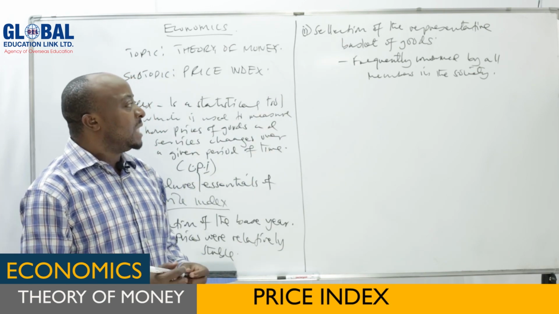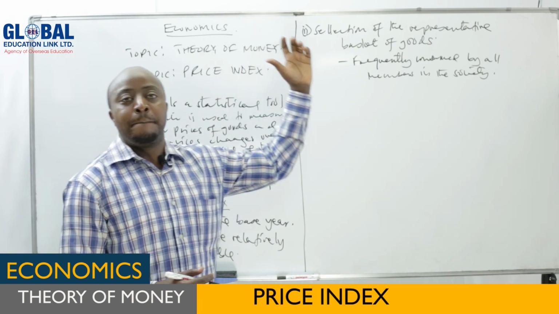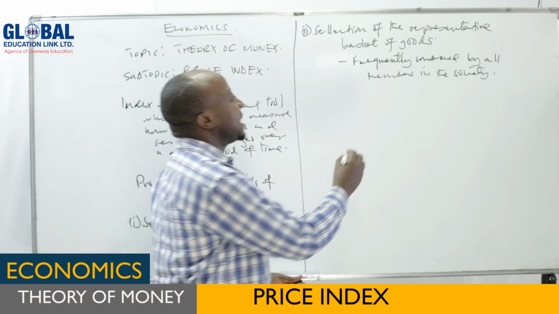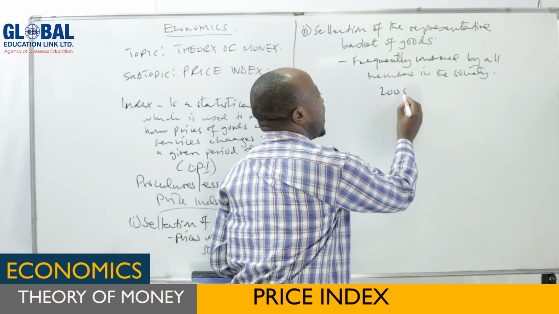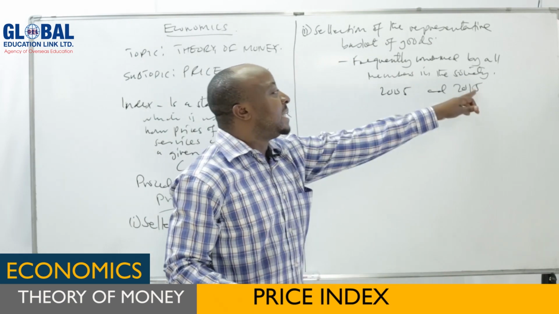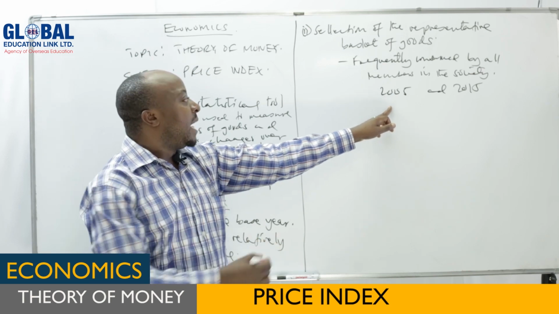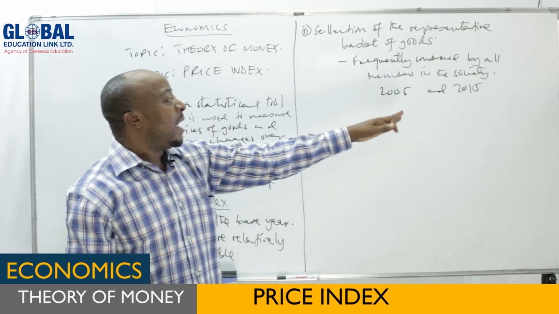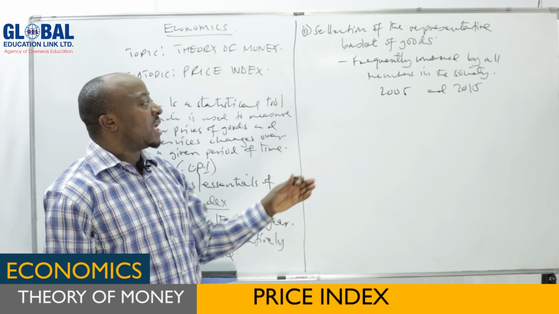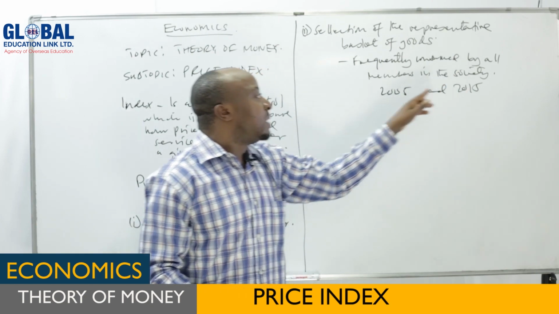But also these goods should be consumed in both the current year and in the base year. We have chosen the base year. Let's say, for example, maybe we want to measure the price index between 2005 and 2015. This is our current year, and this is our base year we have chosen, as we said, those principles. Now, when we want to choose a basket of goods to be measured, we should make sure that those goods are consumed in this current year, but they were also consumed in the base year.